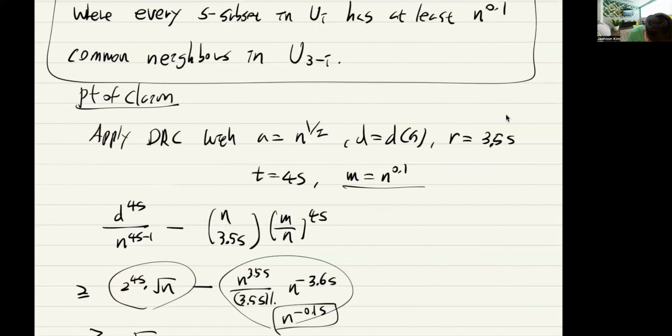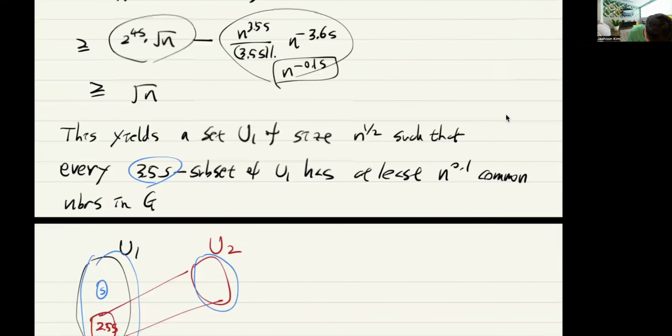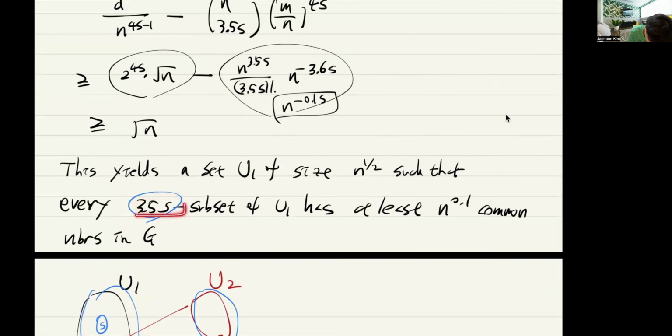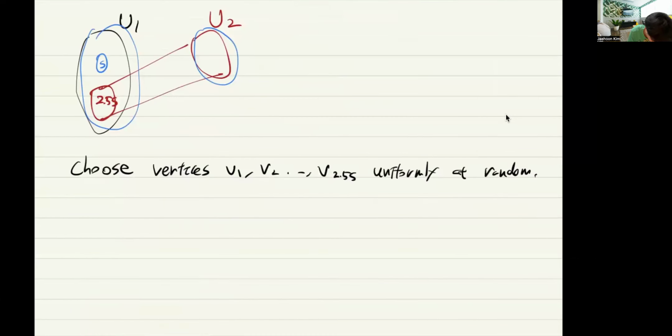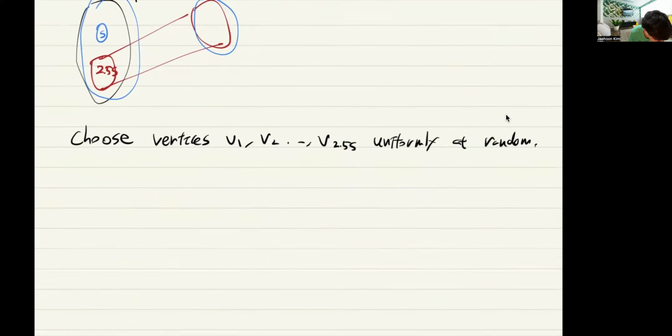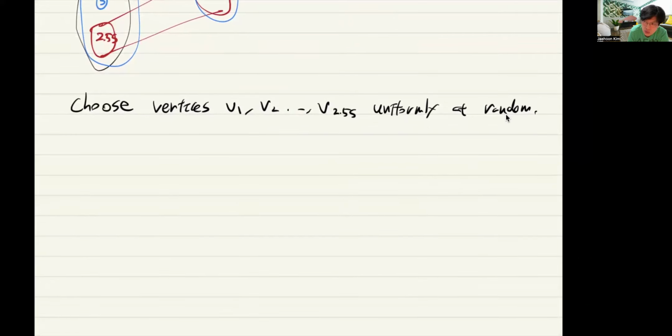One thing is that if s is not an even number, this is not an integer, so you might want to take a floor or ceiling to make it work. I will not worry about the parity for now. Then, as we planned, we let U2 be the common neighborhood of these 2.5s vertices.